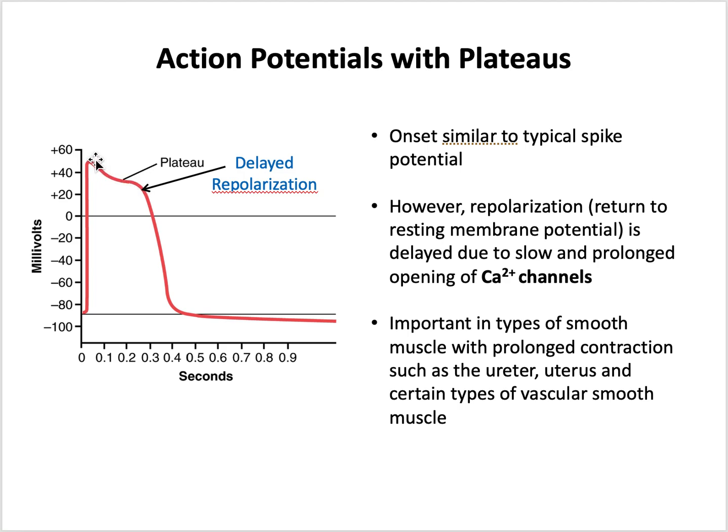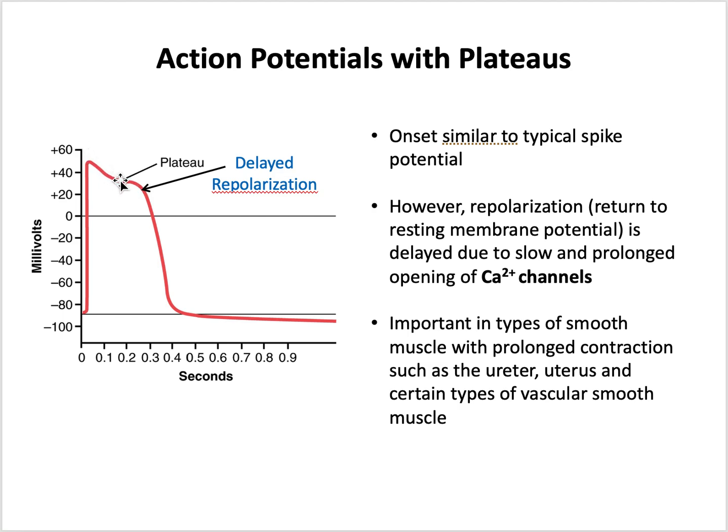right? And what's the point? Like, why would we want to have this plateau phase where we have calcium coming in, but potassium leaving? We're not really depolarizing anymore, but we're not repolarizing, but calcium's still coming in. Well, what do smooth muscle cells rely on? Calcium coming in for contraction.